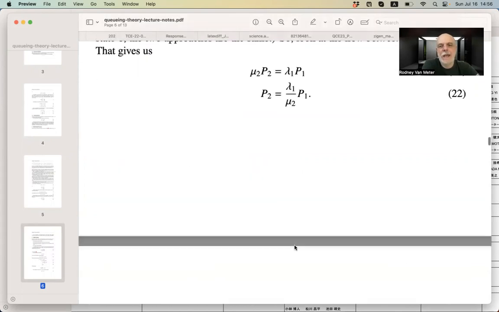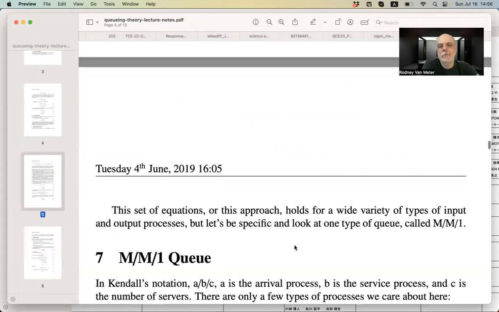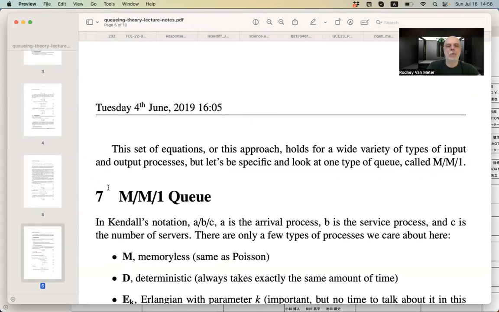And what we're going to look at is a particular type of queue known as the MM1 queue. This notation was developed by somebody named Kendall. If you've got this A/B/C, then A describes the arrival process, B describes the service process, and C is the number of servers you've got.